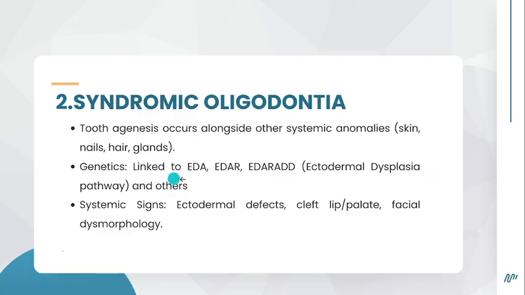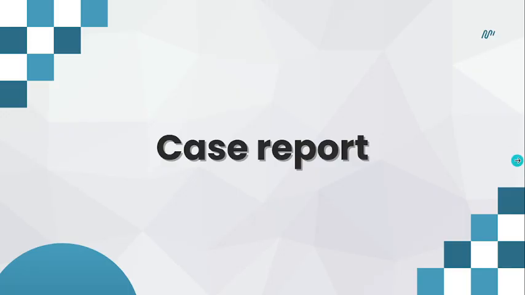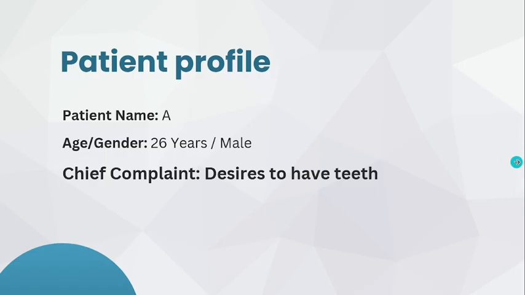Genetic links to these conditions are EDA or EDAR, the ectodermal dysplasia pathway, and others. Systemic signs include facial dysmorphology, ectodermal defects, cleft lip or palate, saddle nose, and a prominent supraorbital ridge. Let's run down to the case report now.